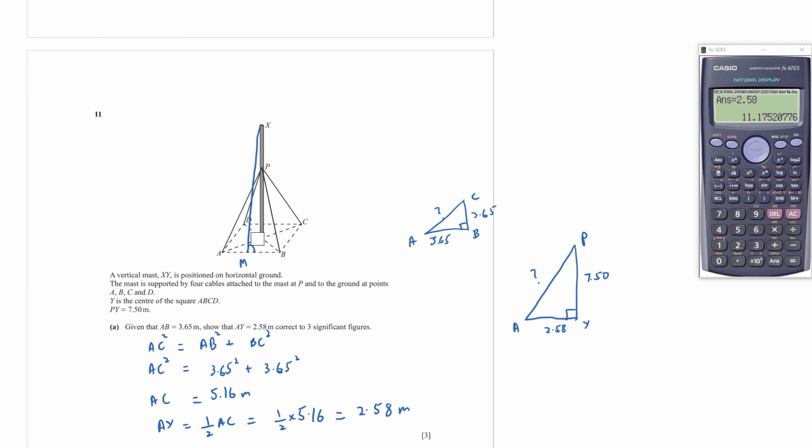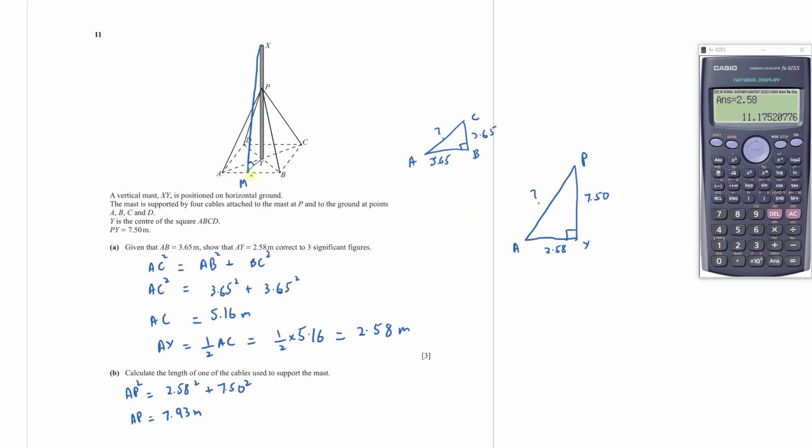Not exactly this, but let me draw it correctly. So if this is the line joining this midpoint with Y, this is the angle of elevation of X from this midpoint of AB. And then we know that this is a square base. So this whole length AB is 3.65. This length is also 3.65.